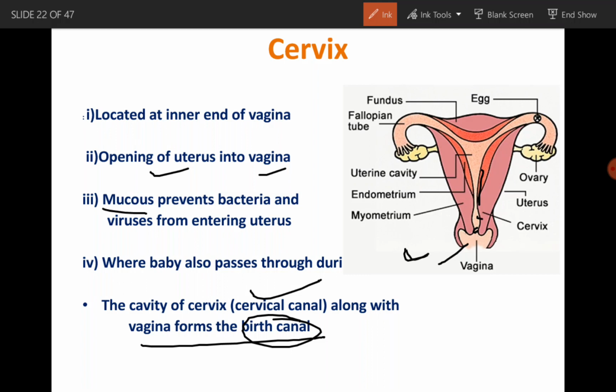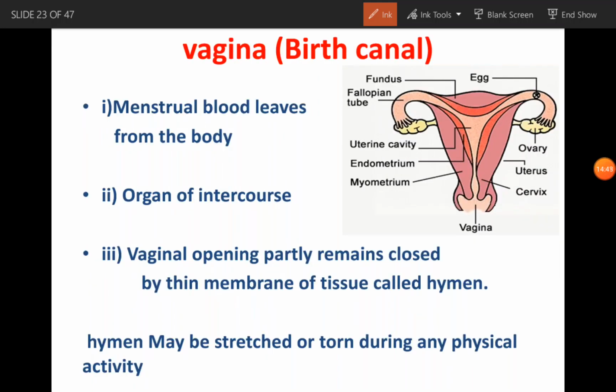It is located at the inner end of the vagina, opening the uterus into the vagina. This is the particular pore between the vagina and uterus, and this canal is also called the cervical canal.